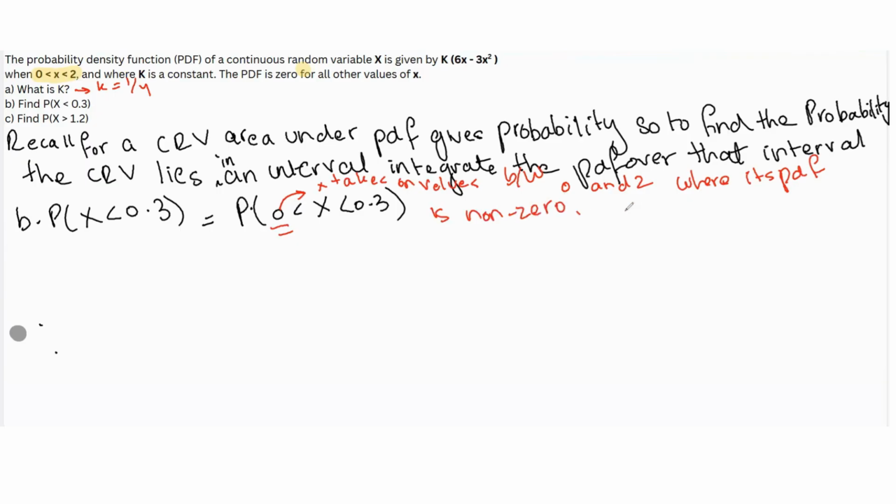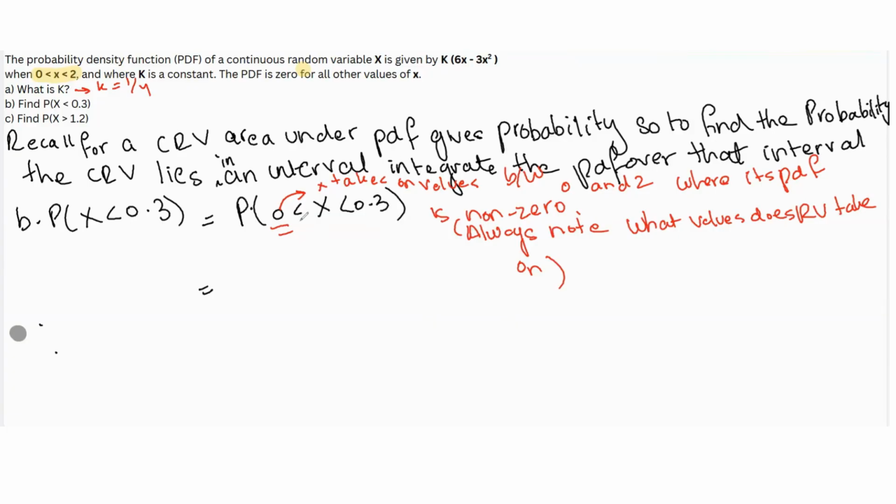So always note what values the random variable takes on, because then you can be more specific about what this interval is. So we can write the probability x is less than 0.3 as the probability x is between 0 and 0.3, because the continuous random variable only takes values between 0 and 2 where its PDF is non-zero.